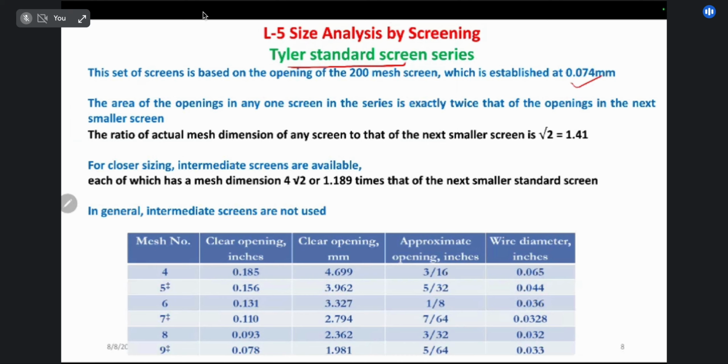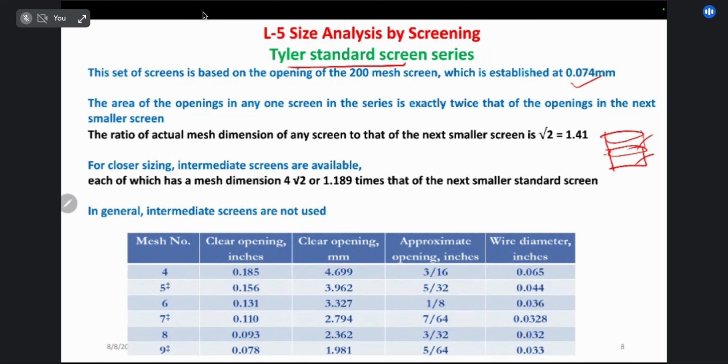The area of the opening in any one screen in the series is exactly twice the opening in the next smaller screen. So if you have two consecutive Tyler standard screens, the area of opening of one will be twice that of the next screen.